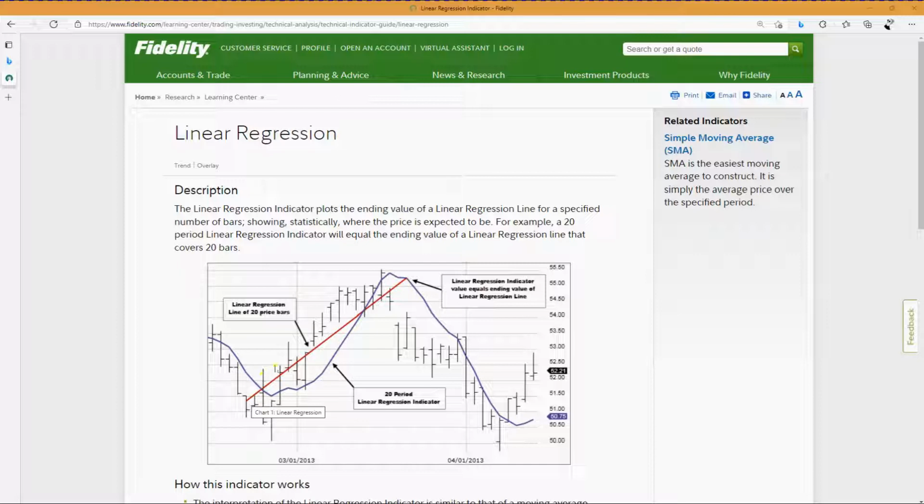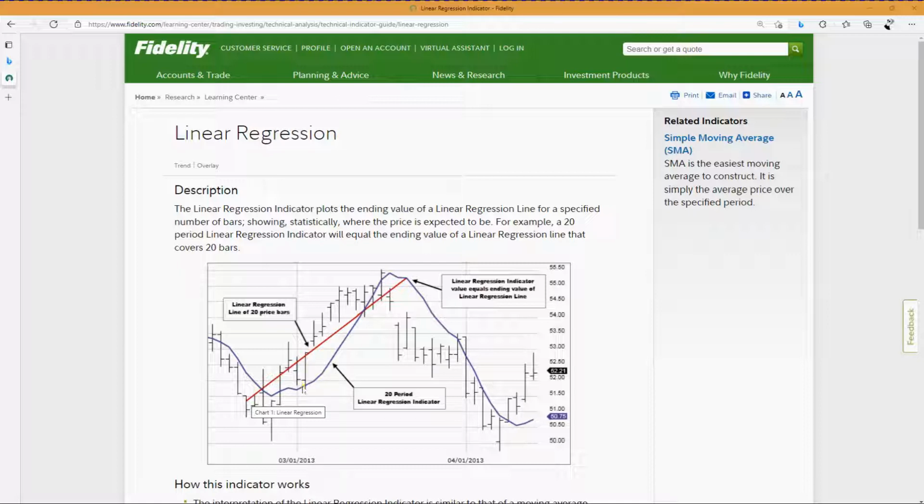So if the close is above it, you want to say that the trend is long. If it is below it, you're not in that long state, you're just below it, and most likely the price is going to go to the level like it did here.